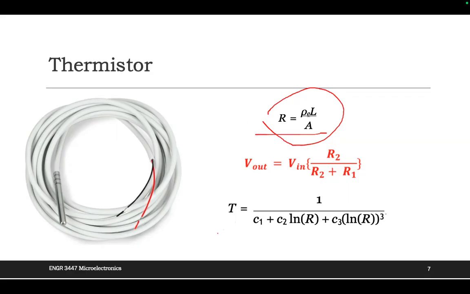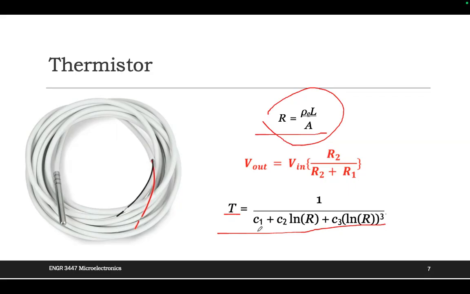We use this equation, which we call the Steinhart equation. You can see that T is the temperature you detect, and R is the resistance. So what's the point of this equation?